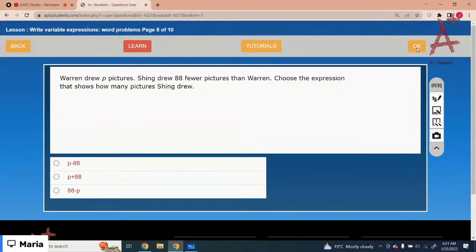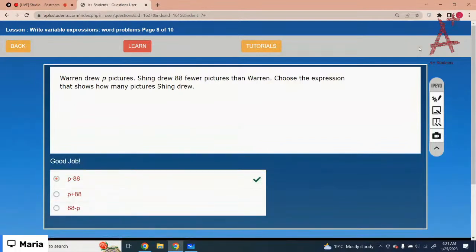P fewer, not P more. It would be P minus 88. Got it? Just look at the words carefully. Yes, it would be P minus 88.